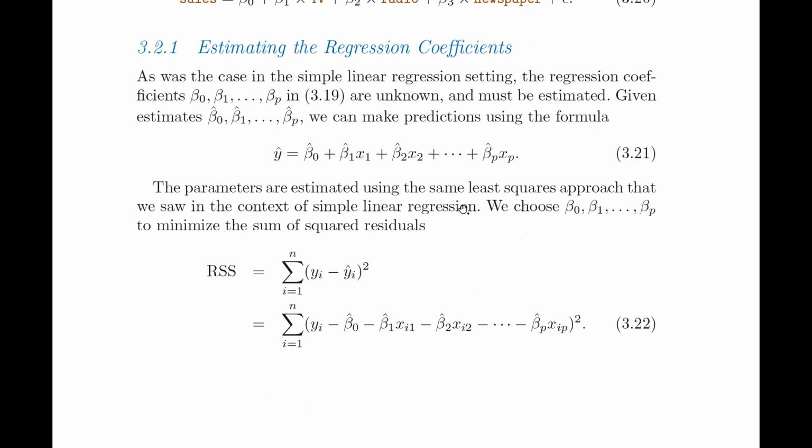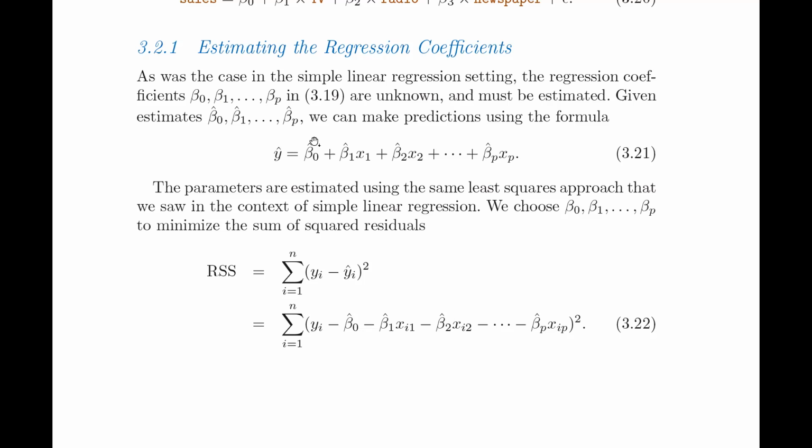Estimating the regression coefficients. Everything that we discussed earlier will now manifest itself over here. As was the case in the simple linear regression setting, the regression coefficients beta naught until beta p are unknown and must be estimated. Given estimates beta naught hat until beta p hat, we can make predictions.